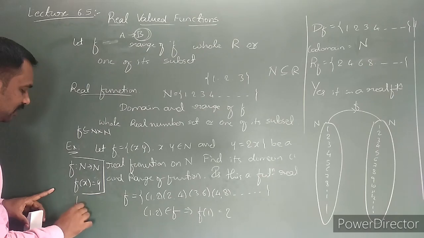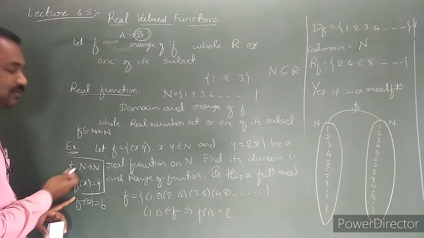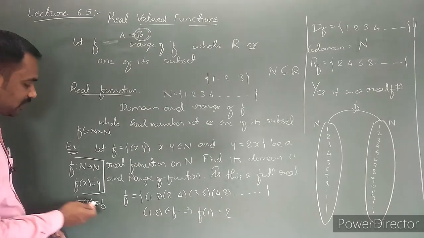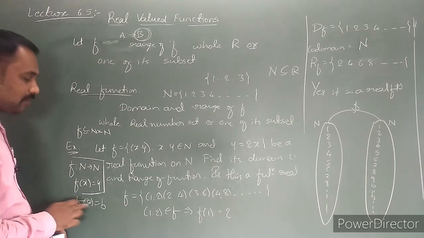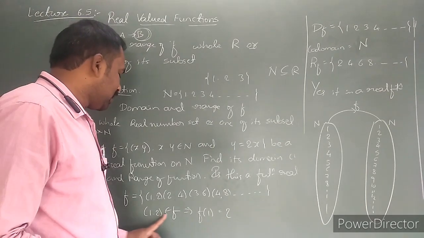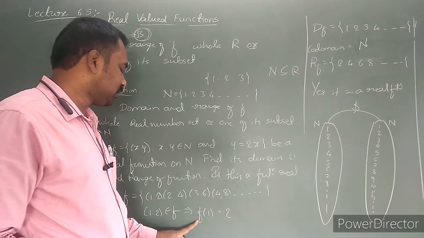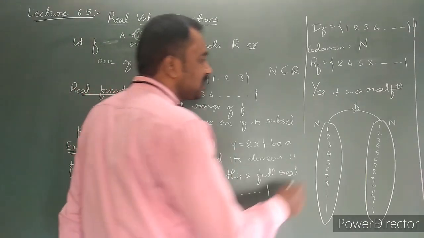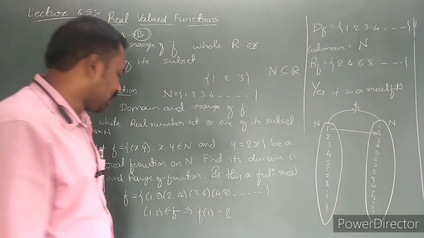Have you written this? f of a is equal to b. Suppose (a, b) is present in the function. Image of a under the function f is b. (1, 2) is present in f, which means that image of 1 under the function f is 2. 1 is related to 2. Are you clear?